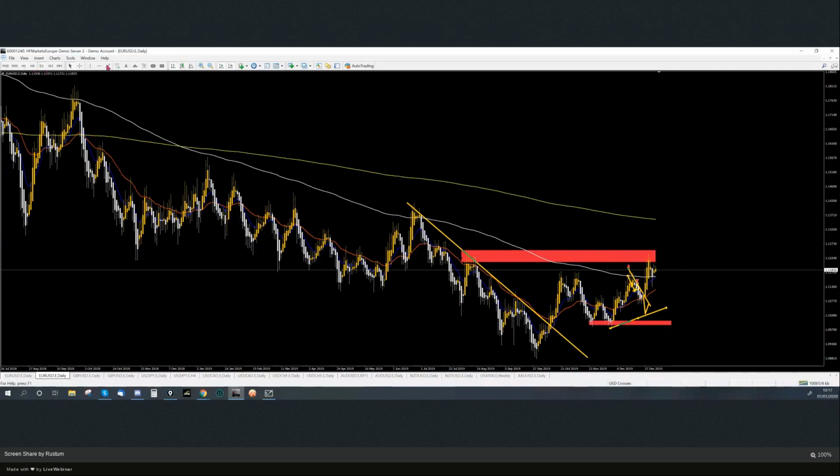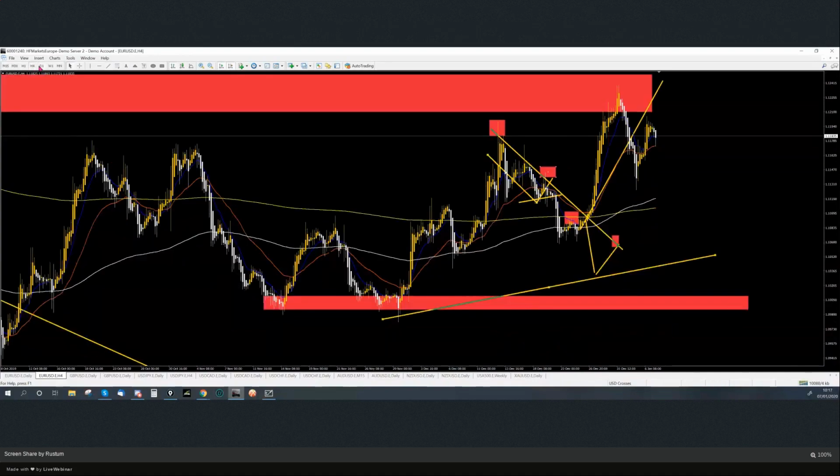So what you were looking for now is a break of this trend line going up here. And as soon as this breaks, then you are looking for a pullback. So this here is your break. And this is a pullback. Yeah.